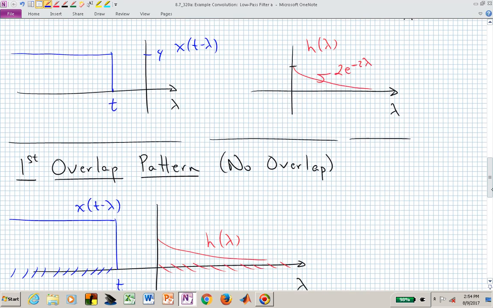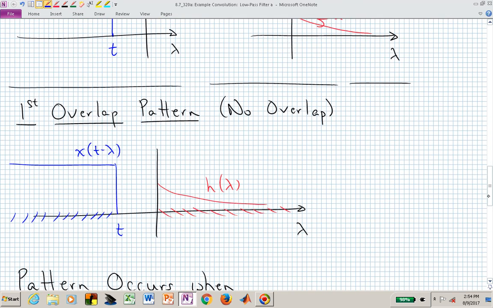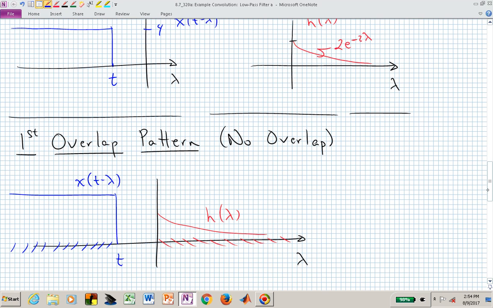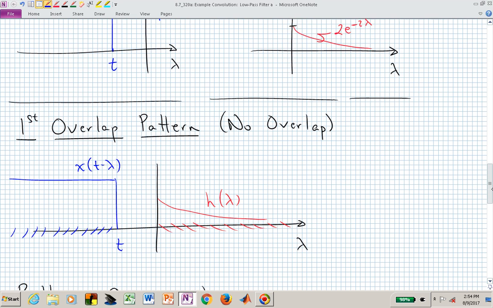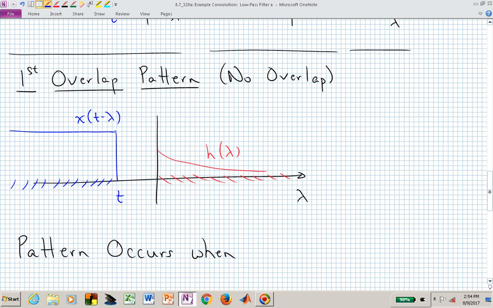Our first overlap pattern is no overlap, and that's when x of t minus lambda, its right-hand side, is not yet up to h of lambda. This pattern is going to occur when t is less than or equal to 0.